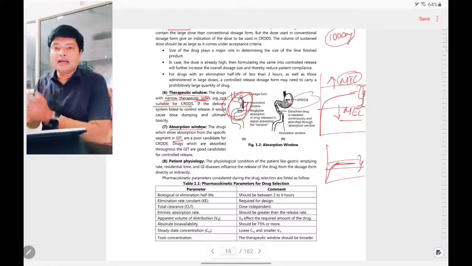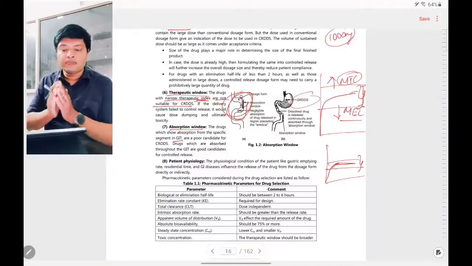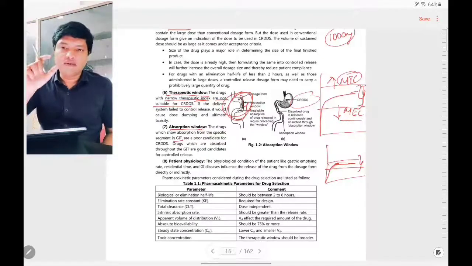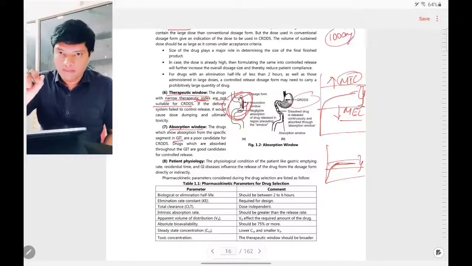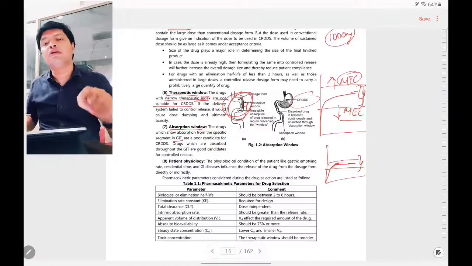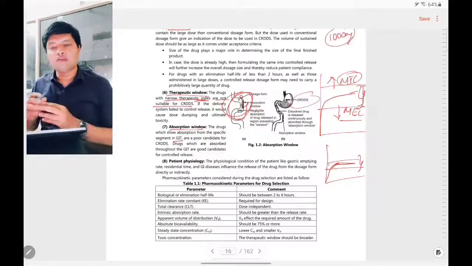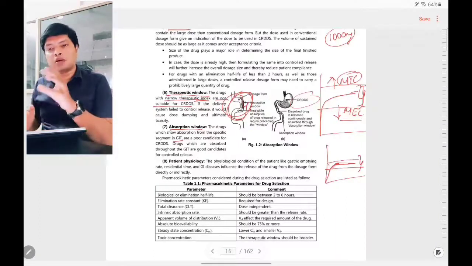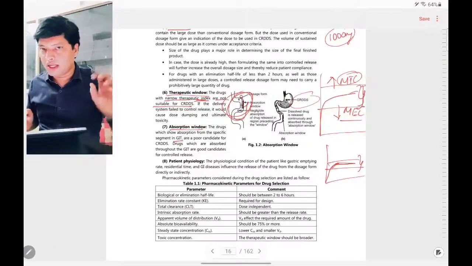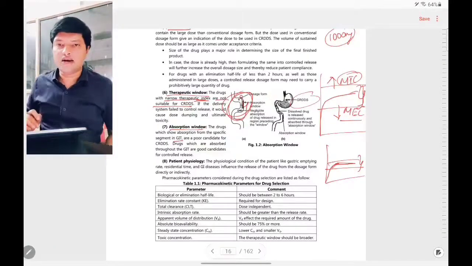Absorption window means the site of your GIT where the drug is absorbed more. If it is absorbed more in the stomach, we say the absorption window is in the stomach. If it is absorbed only in the duodenum, the absorption window is in the duodenum. If it is absorbed in the colon, we say the drug has its absorption window only in the colon of your intestine.